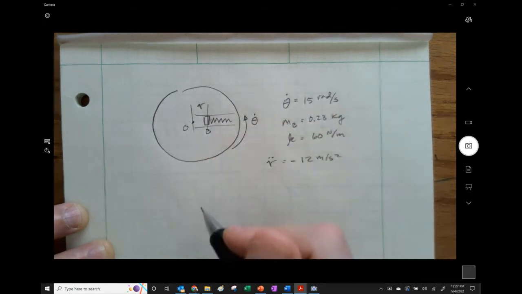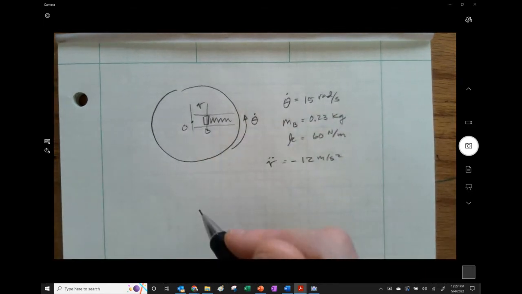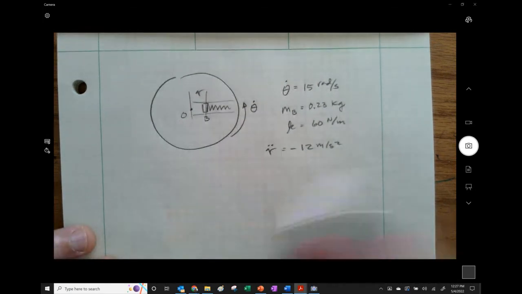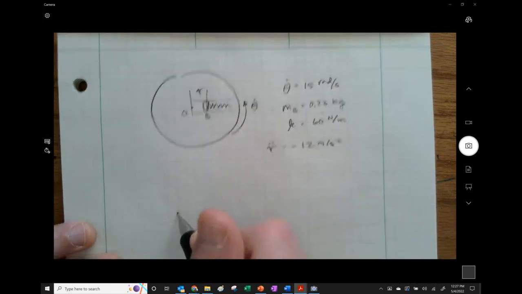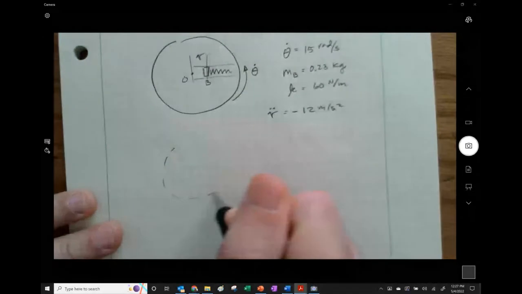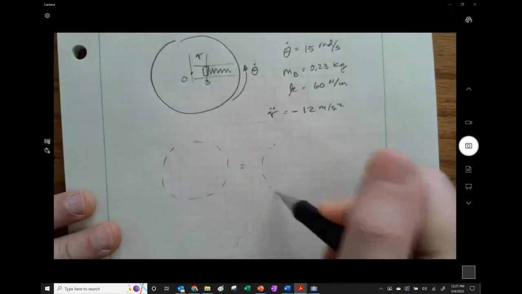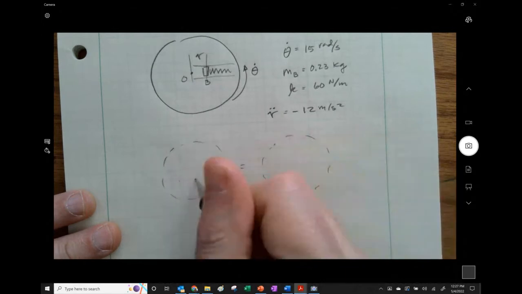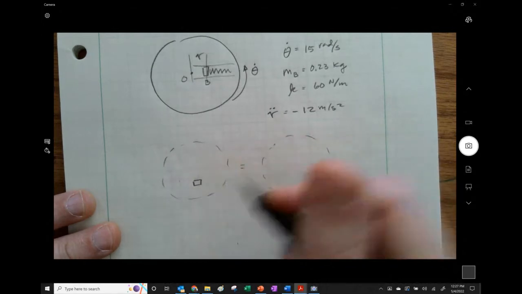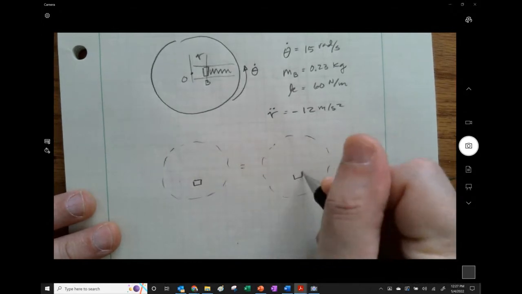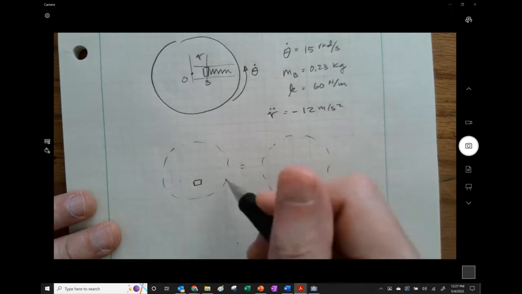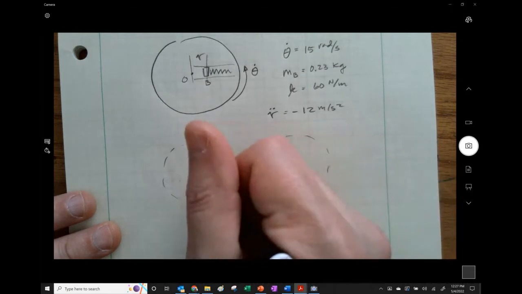Even though on my solution I drew it down at the bottom, it doesn't really matter, but I'll keep it consistent here. I drew the disk as a dashed line, but I don't really need the disk as part of this. This is really a particle problem because I have that little dude right there. This is the thing we're focusing on.